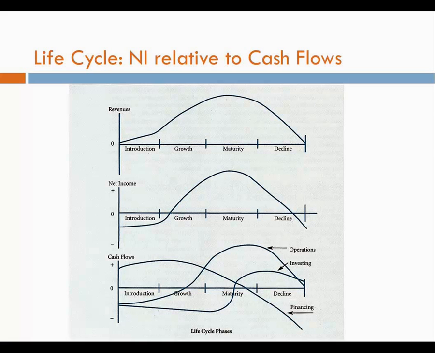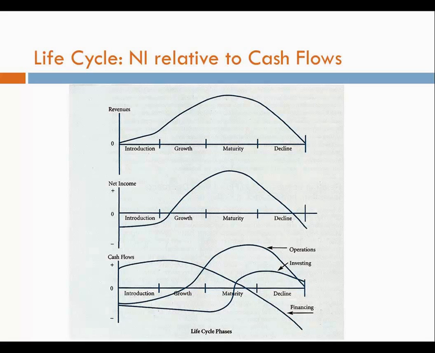During the growth phase, dramatic increase in revenues. During maturity, they're leveling out and starting to go down. And then in the declining phase of the product, your revenues go down eventually to zero as the product becomes obsolete. So that's the shape of your revenue curve through a product's life cycle.